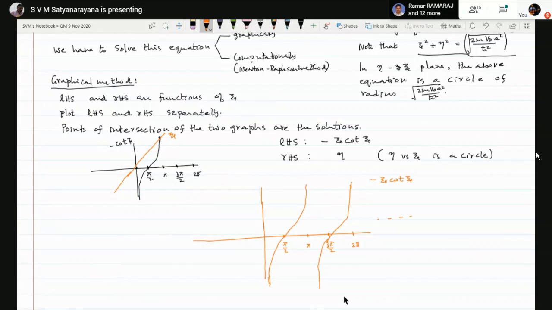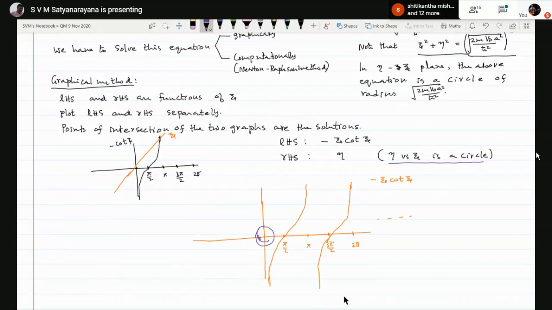Now suppose I want to draw eta versus xi, which is a circle. That's what I have written here. That means depending on the value of the radius, I can have a circle like this.